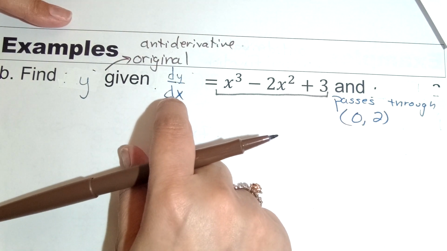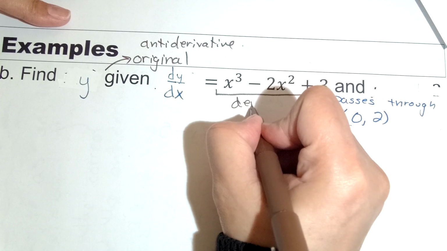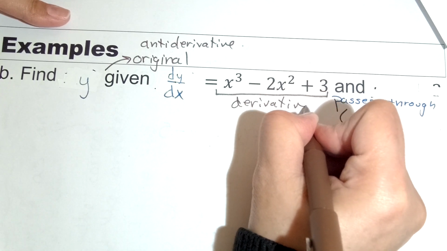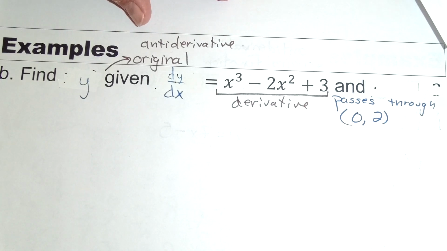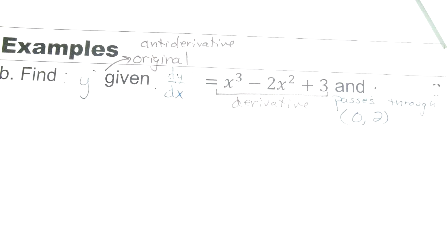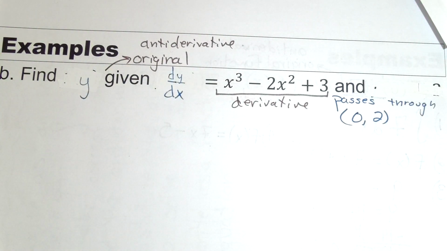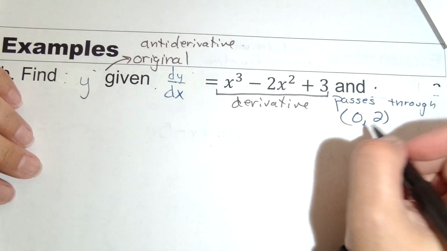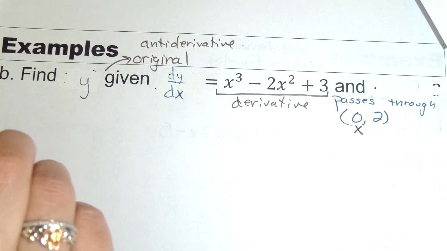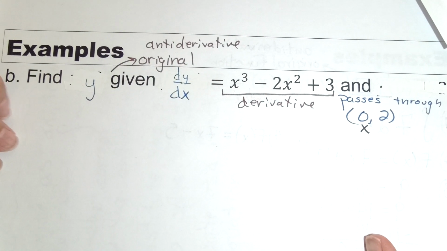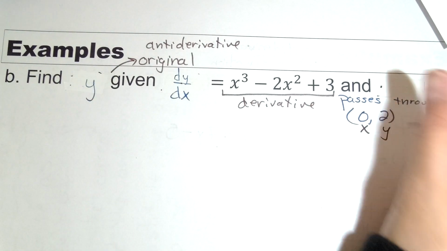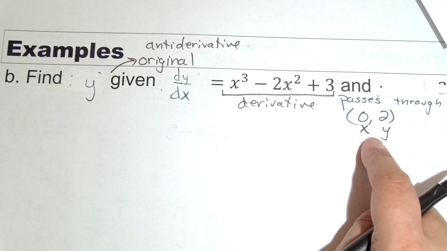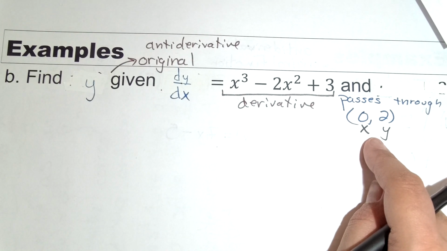I know that because it says dy dx. And it says it passes through this specific point. We're going to need an x and a y. What value is x and what value is y? What always comes first in a coordinate? X. So then what's the other thing? Y. So we're going to have this information to substitute in for our antiderivative.